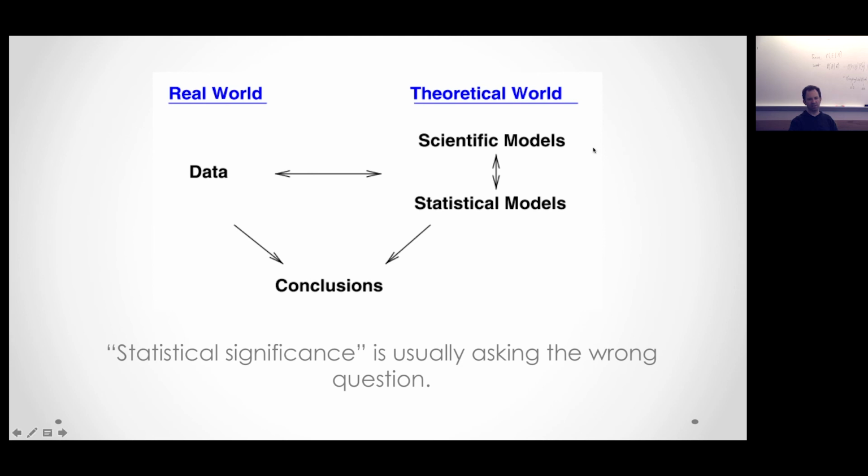And if you only draw conclusions based on the statistical model while ignoring what happens in the real world, you're going to have problems. So the p-value will not tell you whether your hypothesis is true or not. It's just one tool to evaluate the evidence. And a strong conclusion will have multiple lines of evidence.